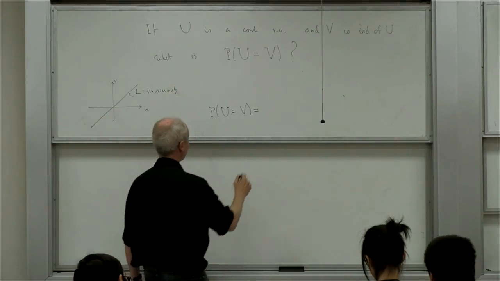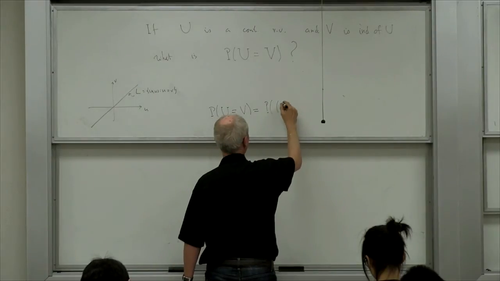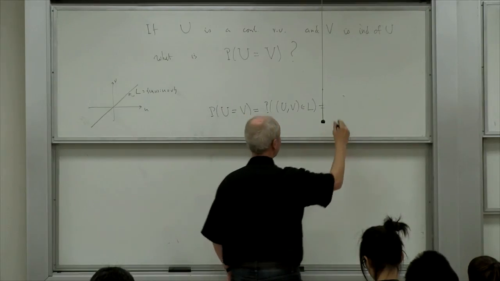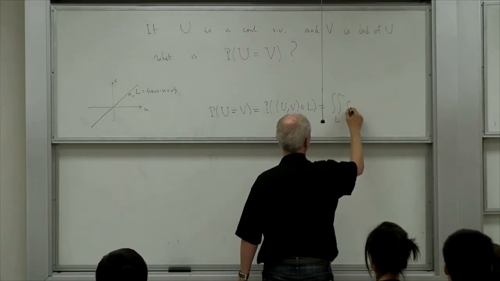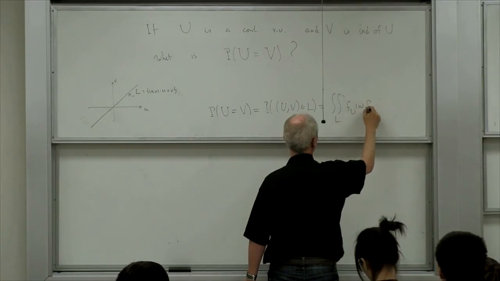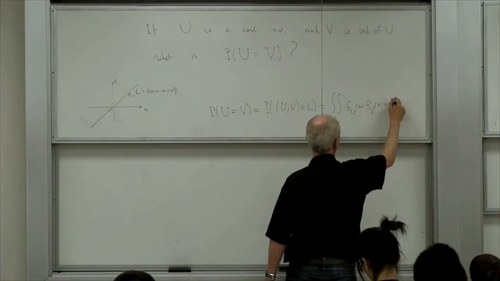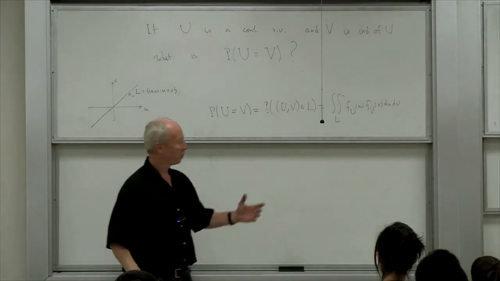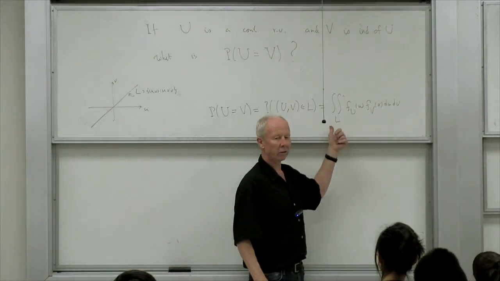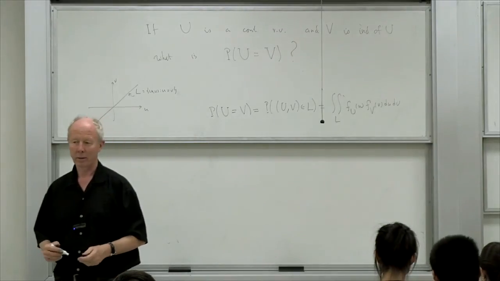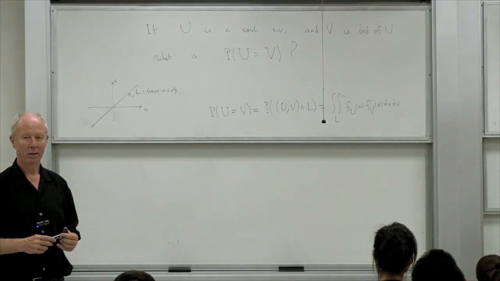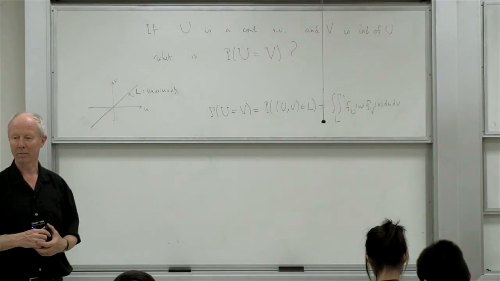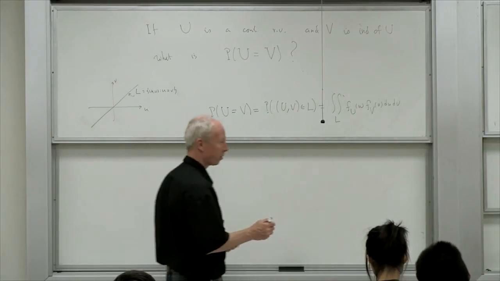So this is the probability that the pair (U, V) is on the line L. And by this formula, it's the integral over L of f sub U of little u, f sub V of little v, du dv. Now what's the interpretation of this? This would be the area under the graph of the function, this times this, over the line L. What's that area? What's the area of anything over a line in 2 dimensions? 0. This integral is 0.